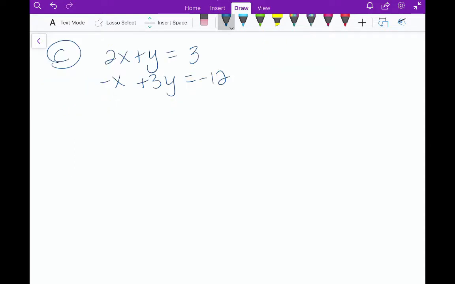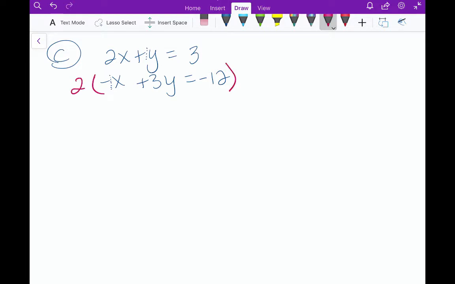Now you can also use elimination even if the coefficients are not the same or opposite by multiplying one of the equations by a value. So I notice I have a 2 and I have a -1 here. That's a 1. And then I have a 1 and a 3. Well, I can multiply 1 times anything to get whatever I want. So I'm going to multiply this bottom equation by 2.